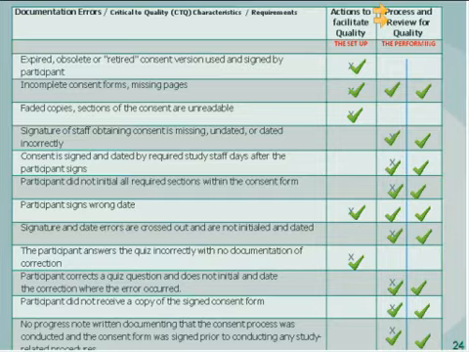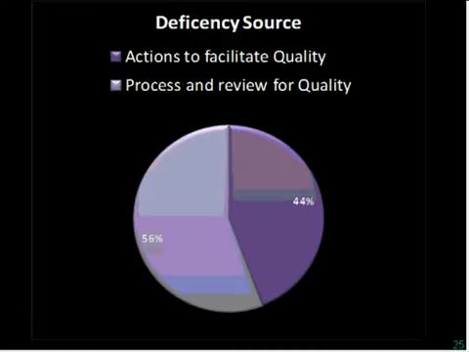All right, and I think we're going to move on to Andrea to review slide 25. So again, we have additional data that was found here at the CTN, where the protocol specialist went through the informed consent violations and found that the deficiency sources were 56% attributed to the process issues and 44% to actions required to facilitate quality.